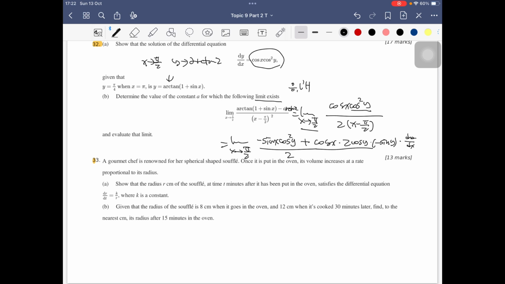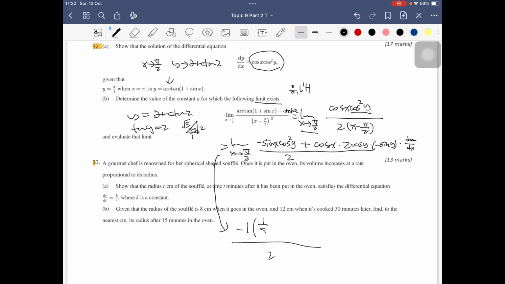So when x goes to pi over 2, sine pi over 2 is 1, cos y equals, y is arctan 2, so tangent y equals 2. So cos y is 1 over square root of 5 and squared is 1 over 5, plus cos x is 0. So all of this term goes to 0. We don't need to consider. So negative 1 over 10 may be the answer.